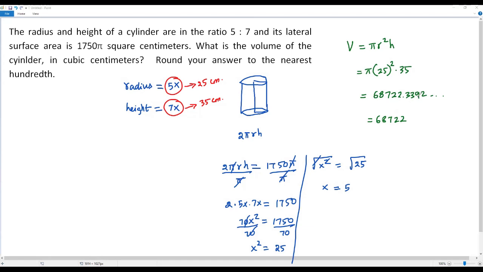If it is 5 or greater than 5, we have to add 1 to the digit in the hundredths place. Since 9 is greater than 5, I have to add 1 to the digit in the hundredths place. Then we get 68,722.34 cubic centimeters. Here I got the volume of the cylinder rounded to the nearest hundredth, that is 68,722.34 cubic centimeters.